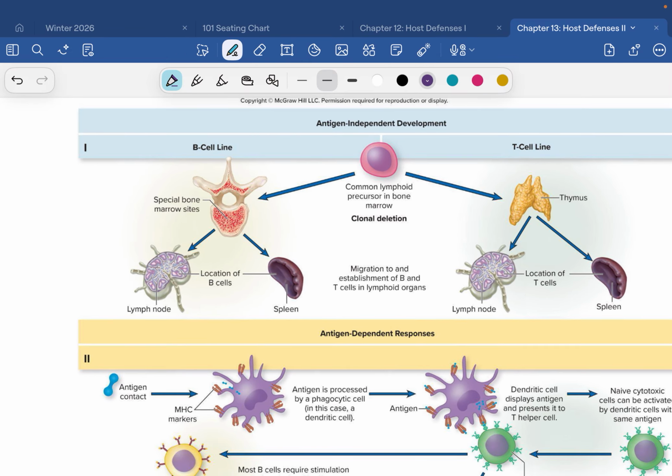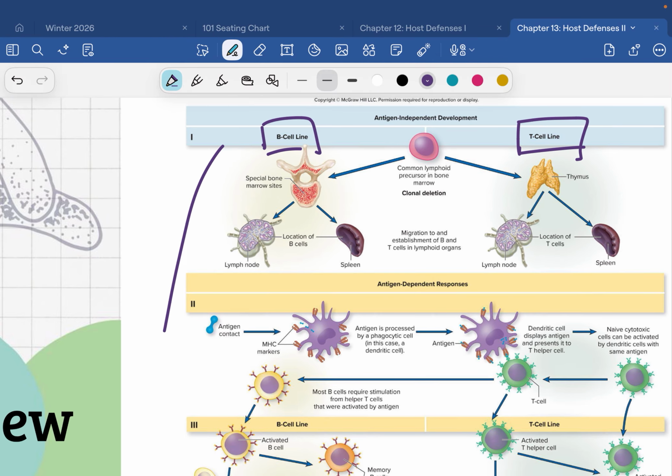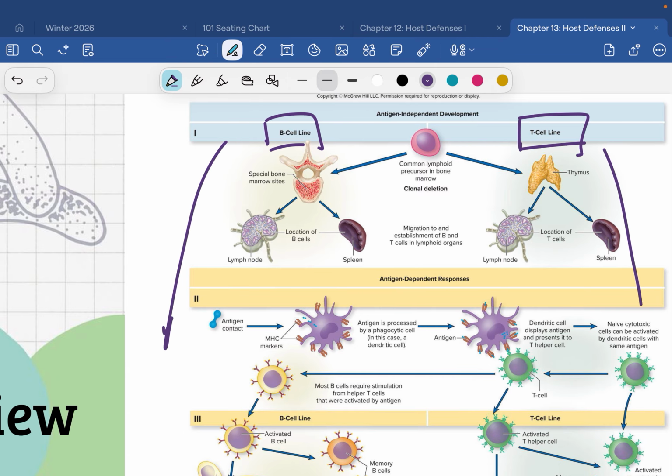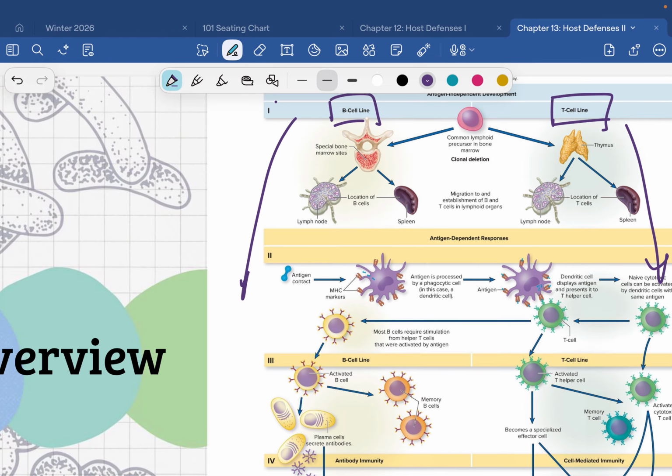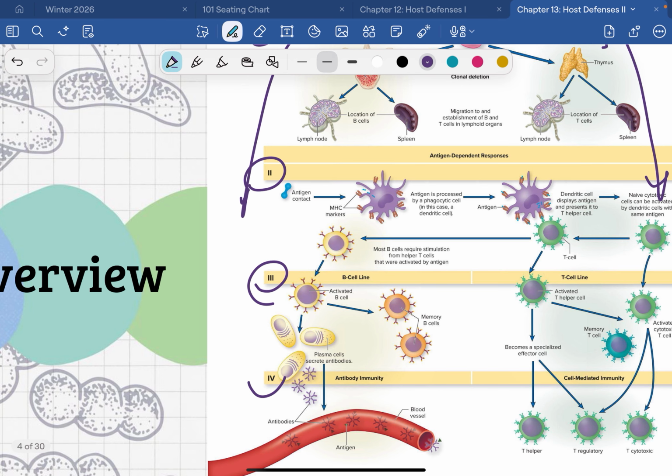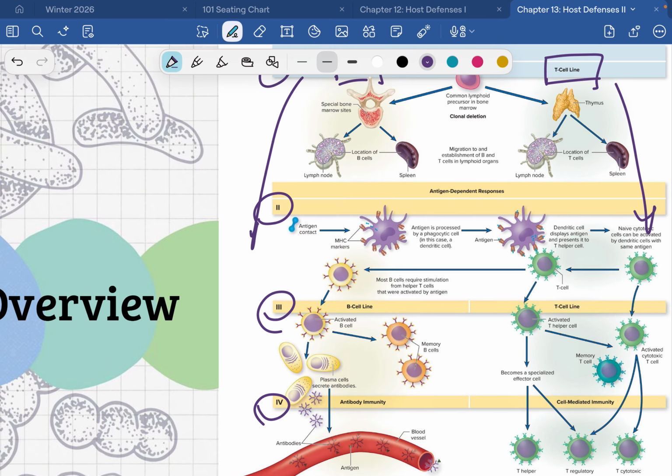So we have the B cell line and the T cell line, and what happens on each side and what they do, and how they are induced and the things that they cause to happen. And again, we're going to talk about each of these stages. Notice that there are 4 stages, 1, 2, 3, and 4. And we're going to talk about each of those stages as it relates to the humoral side and the cell-mediated side.